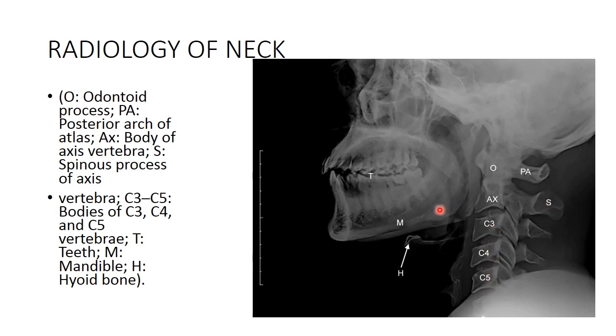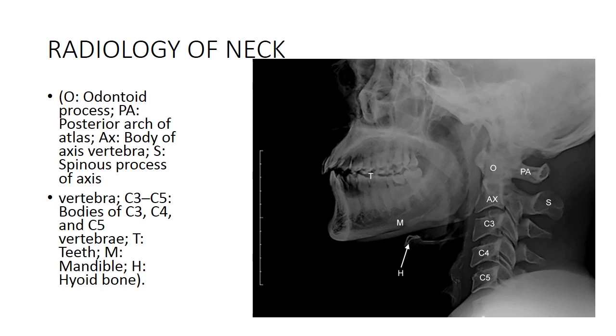This is the lateral view of your neck, in which we can identify the odontoid process right here. We have the posterior arch of the atlas. Then we have the body of the axis, and the spinous process of the axis vertebra.